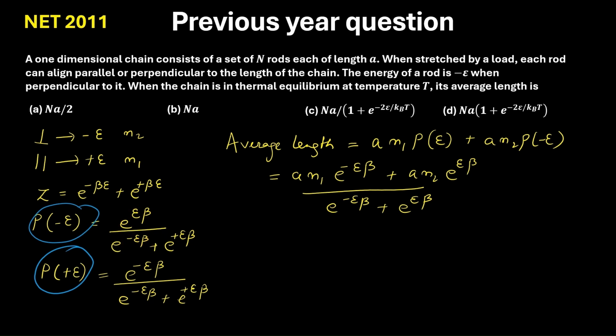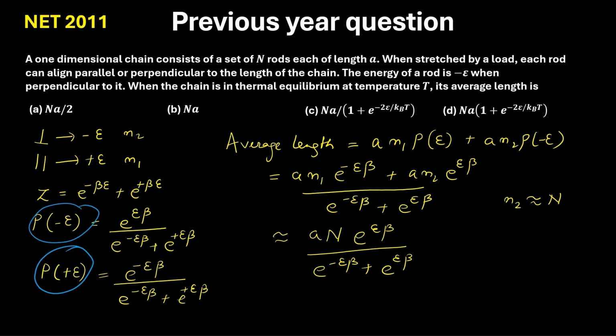So using that approximation, N2 will be approximately equal to capital N. So A N times e to the power epsilon beta divided by e to the power minus epsilon beta plus e to the power epsilon beta.